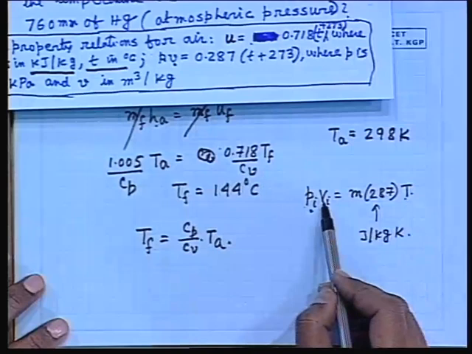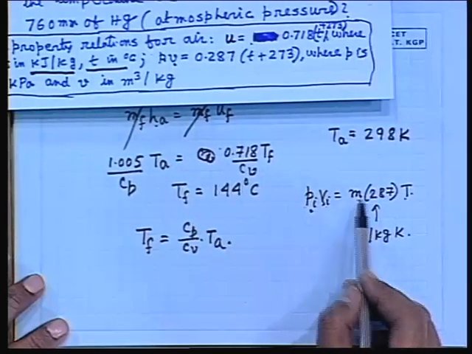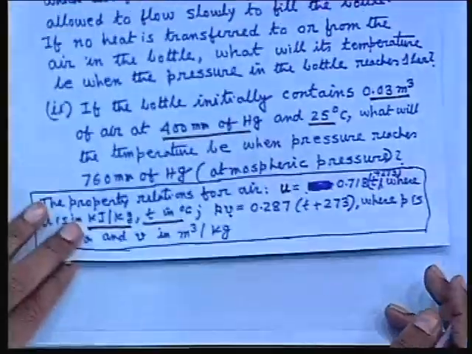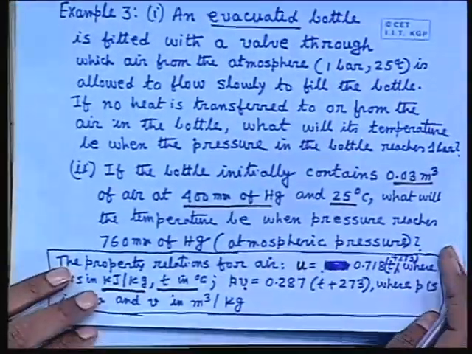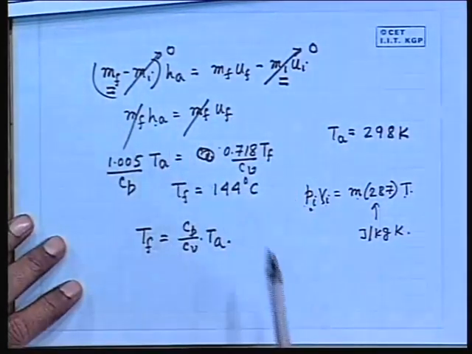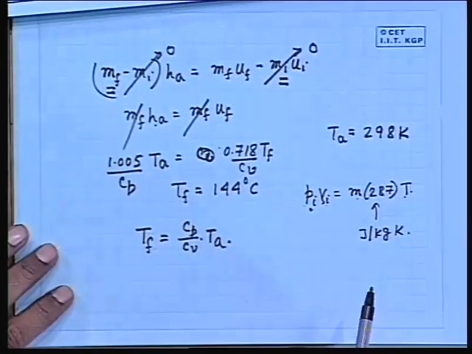This is meter cube, not meter cube per kg, this is meter cube, this is kg. Now, from this we can find out the value of MI. Well, and you can apply these equations to find out the TF. This I am giving you as an exercise with the answer for TF.